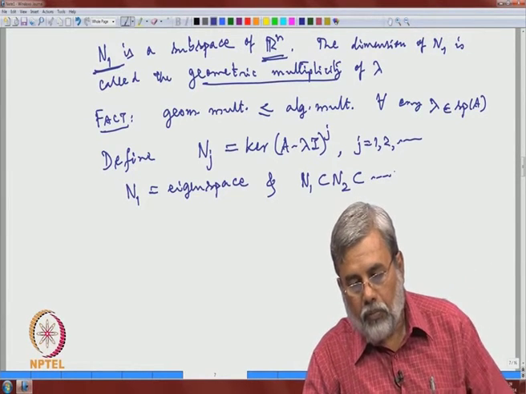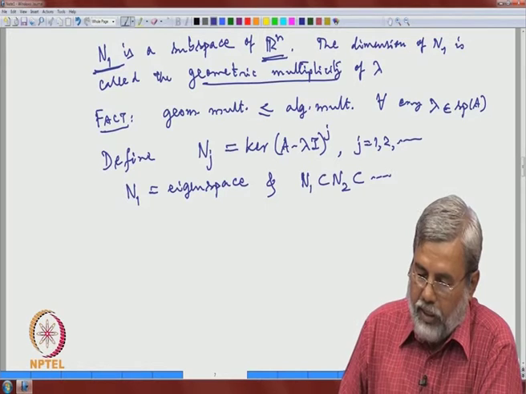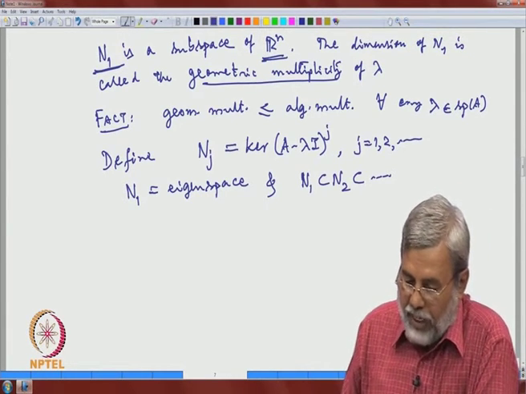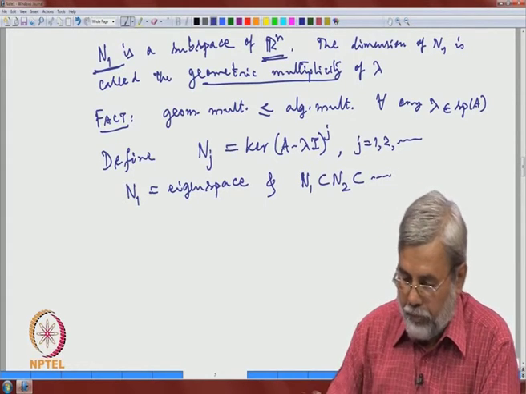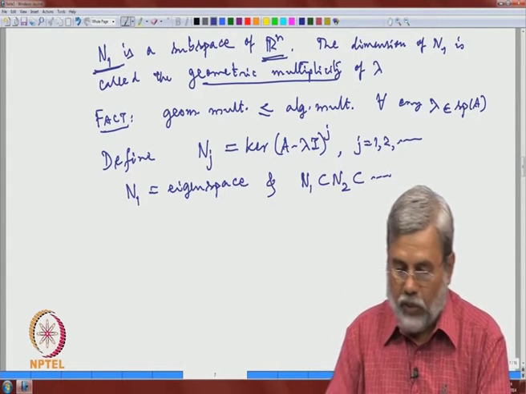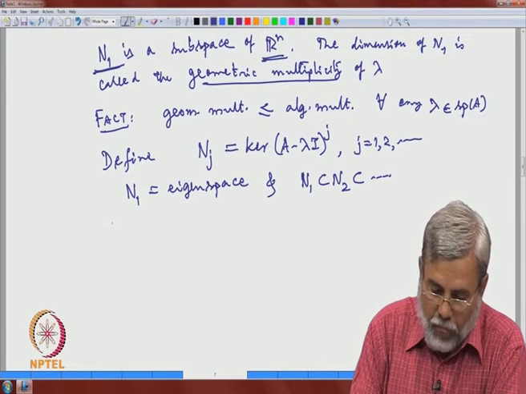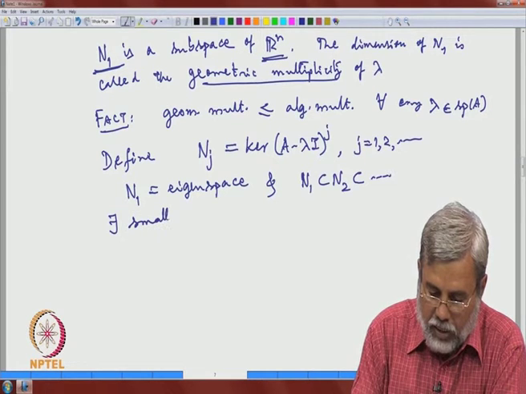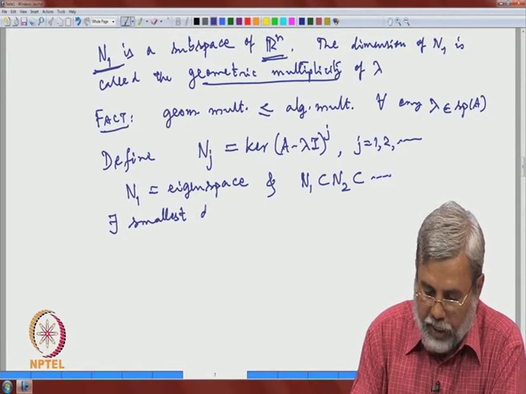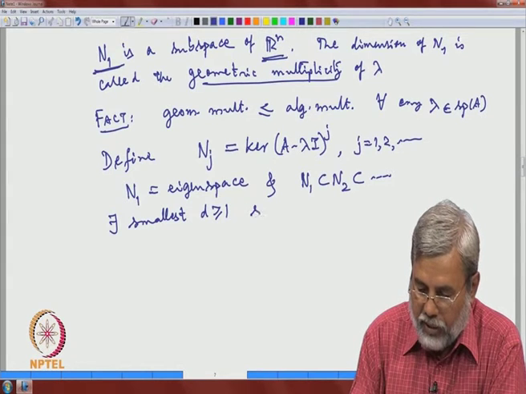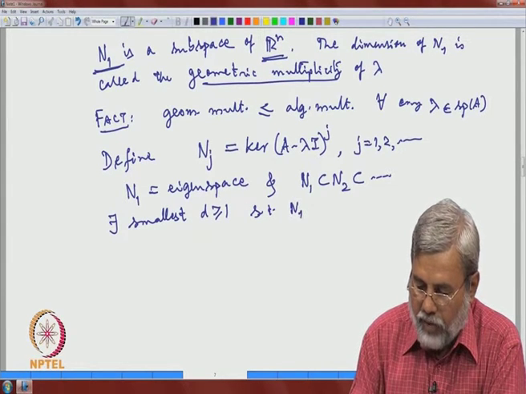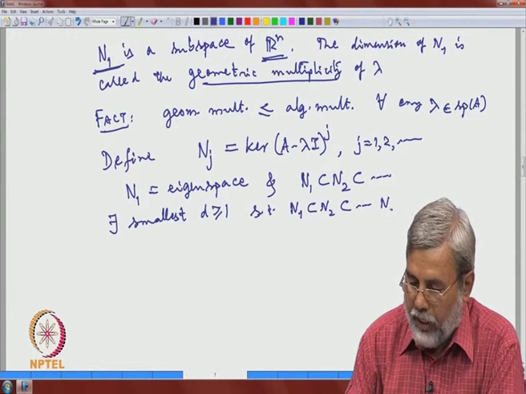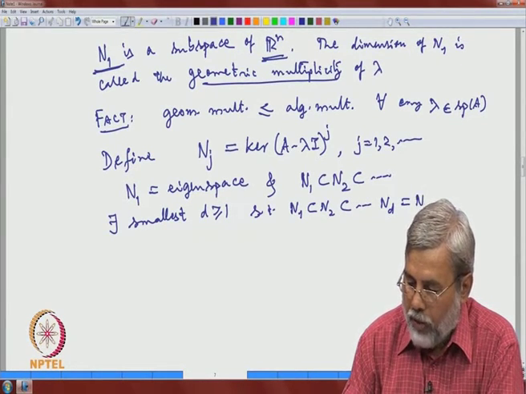Okay, it is very easily checked that this is an ascending chain of subspaces, and since we are in finite dimension, this chain cannot continue for long. So there exists a smallest d bigger than or equal to 1 such that N1, N2, up to Nd, after which they are all equal.